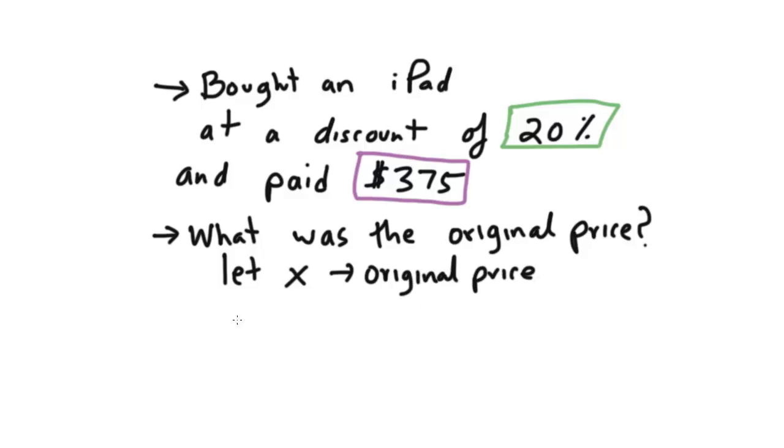So to set up this problem, it will be X minus the discounted amount, which is 20% times the original price, so 0.2 times X, and that's equal to the price that you paid, which is $375.